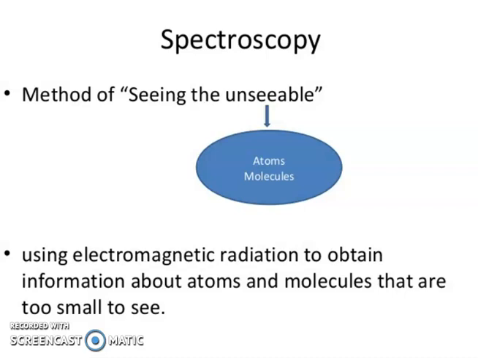It is a method of seeing the unseeable, like atoms and molecules, using electromagnetic radiations, commonly EMR, to obtain information about atoms and molecules that are too small to see.